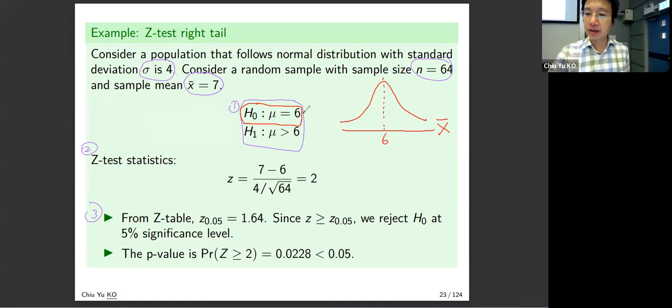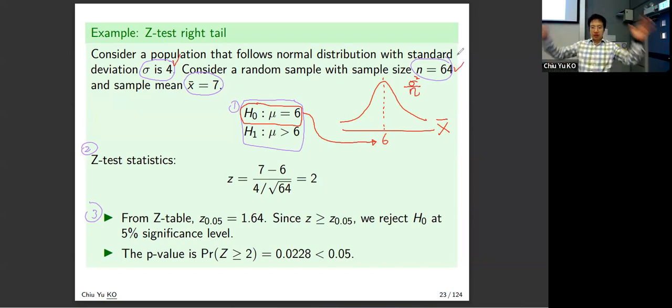That's given by the null hypothesis. And what we learned is that the shape is determined by sigma squared over n. Sigma is here, n is here, so the shape is designed. And now what we have left is to look at the alternative, which is more than 6, okay?